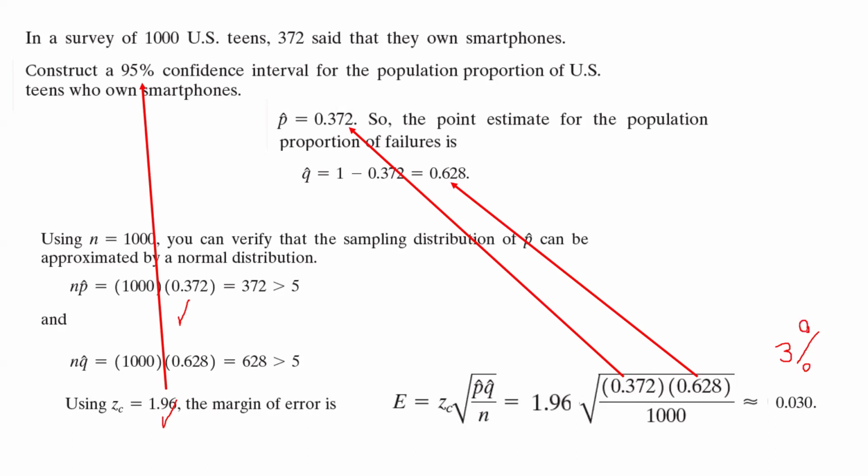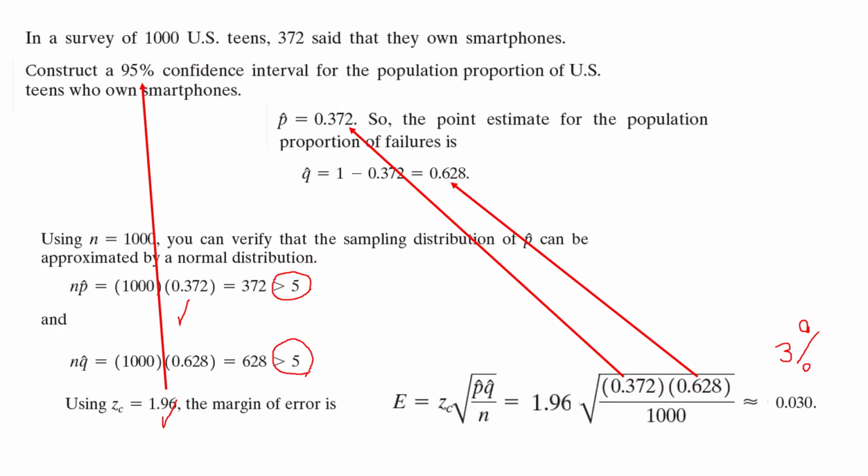Now we can go to the next step and find the lower bound and upper bound for our confidence interval. These are the criteria for normality. Some books use 5, some other books or authors use 10.